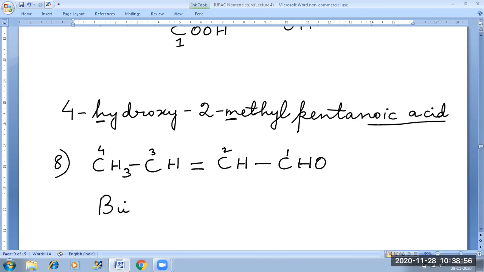But at the second position there is a double bond. So 2-ene, and then the suffix is Al.